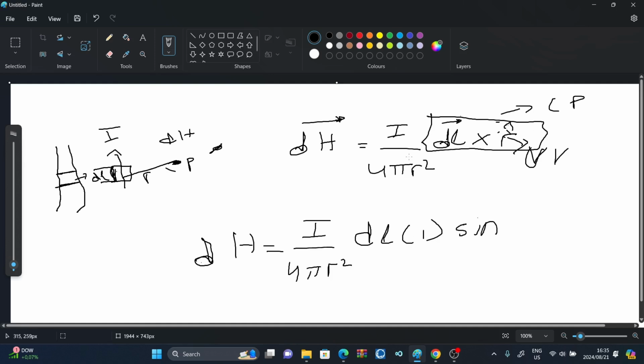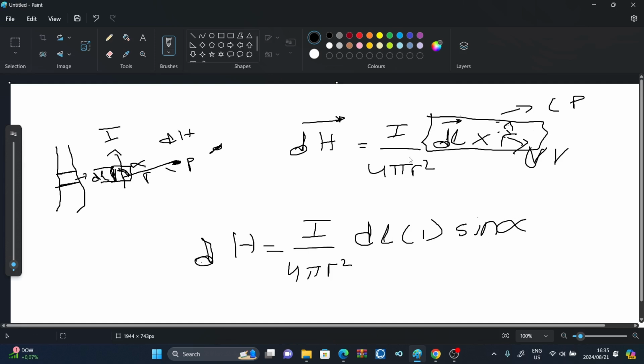The angle between the length of the conductor and the r is alpha. So we get dH equals I divided by 4 pi r squared times dl times sine alpha.